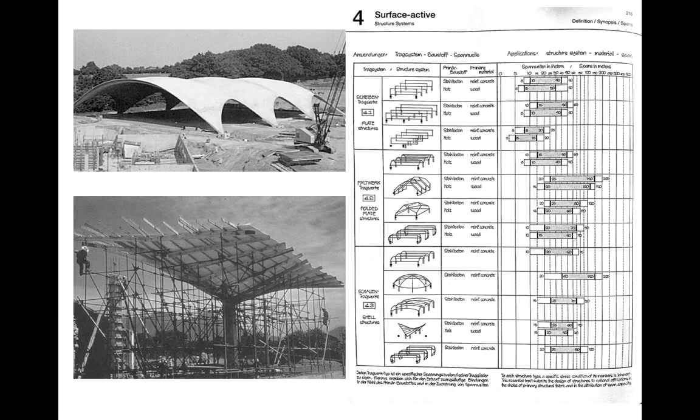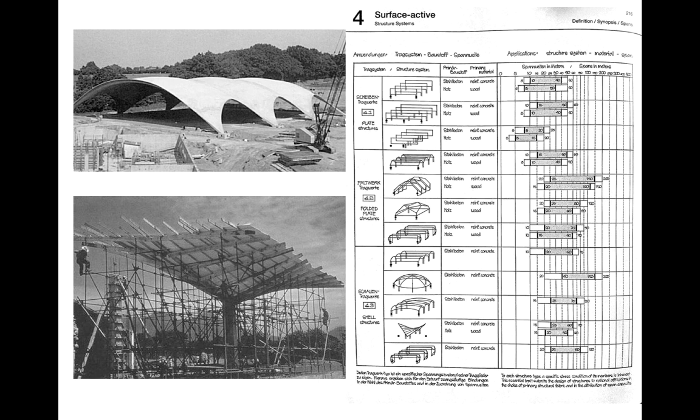And finally, here, like the most exotic one, surface active, right, where we're talking about elements that really, again, use the height of the element itself. So the difference in section between, in the upper left, the footings of that shell and the height of that shell, the space between those allows for curvature in two directions that makes it a very, very efficient single span, lots of volume for very little material, not so good for, say, a parking garage, right, or an office building.